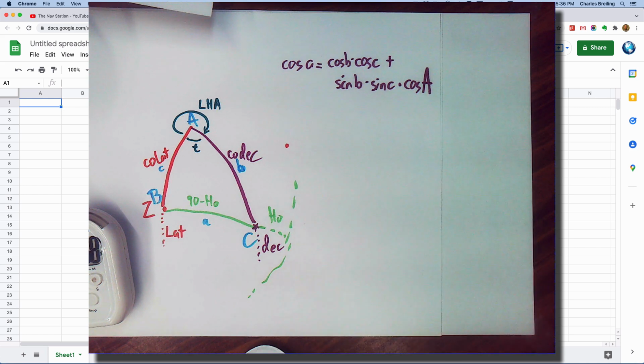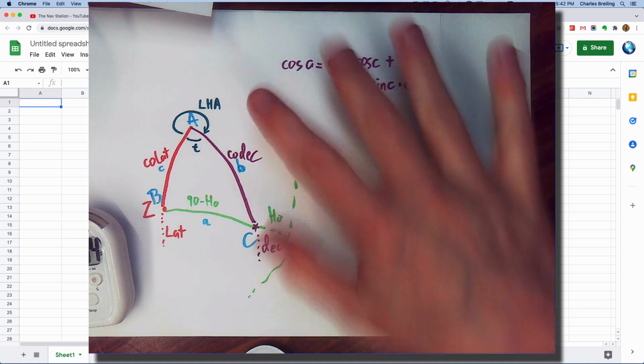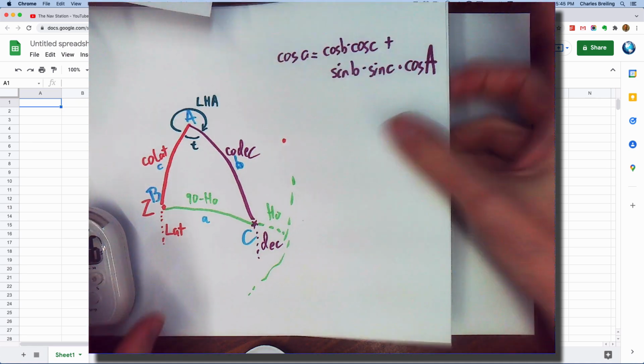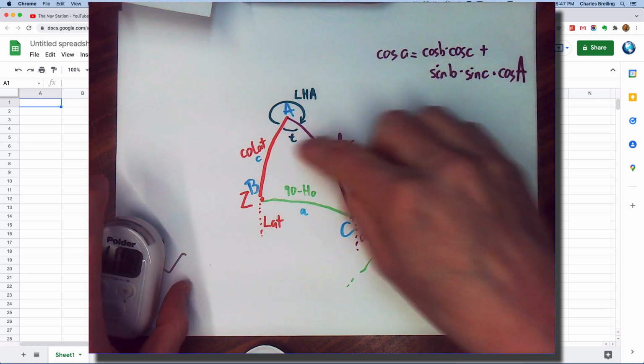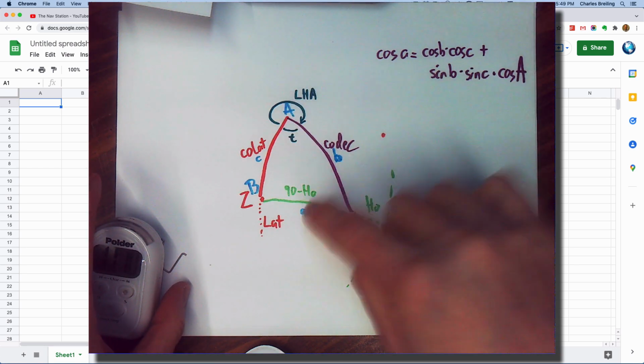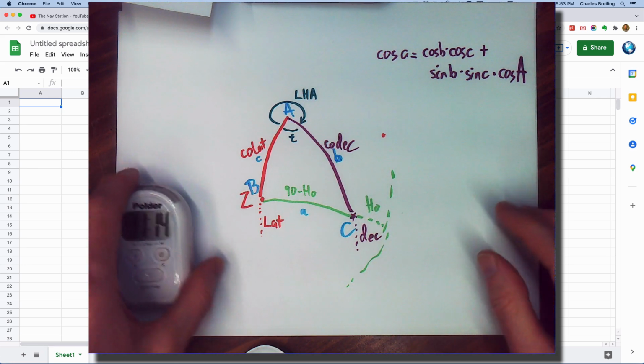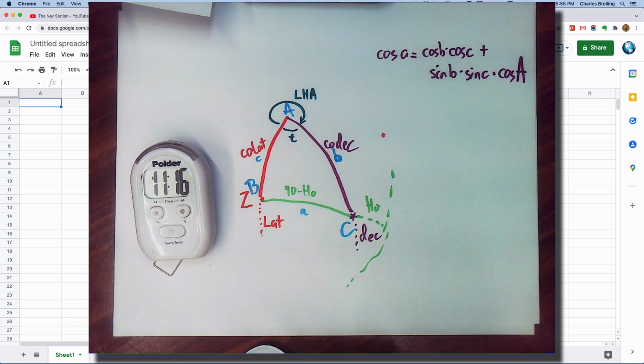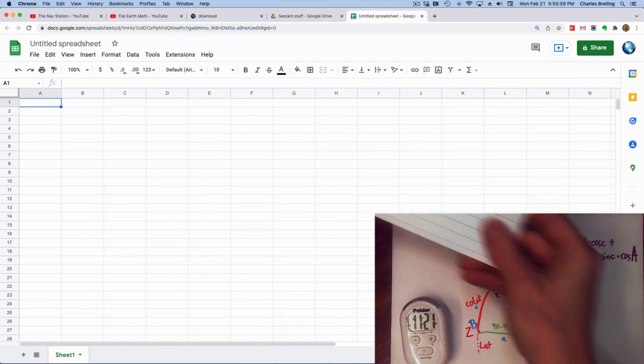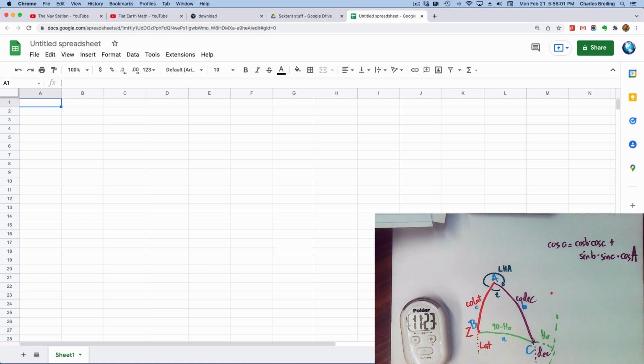So what we're going to do is translate this in a little bit into how we're going to find our missing side here, because we know the other two sides. But until then, we will jump into our spreadsheet and start working on it. Hopefully I haven't gotten everybody too confused.